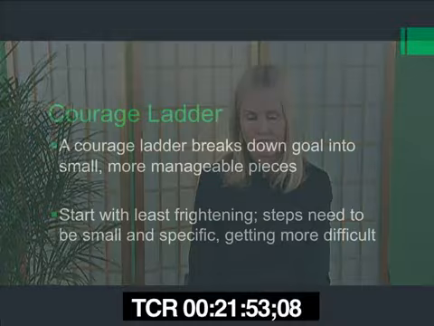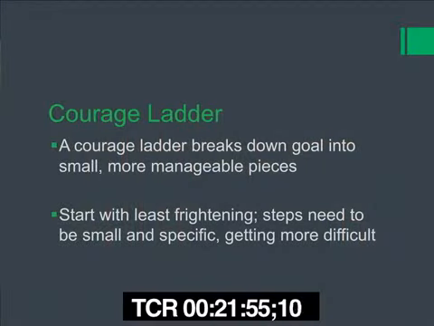The next behavioral intervention I want to discuss with you is called the courage ladder. Remember earlier I was telling you how when patients are depressed, they often have a difficult time problem solving. They just can't break things down into little steps like they used to be able to do. So oftentimes it's important for the social worker or the clinician to help a patient create a courage ladder.